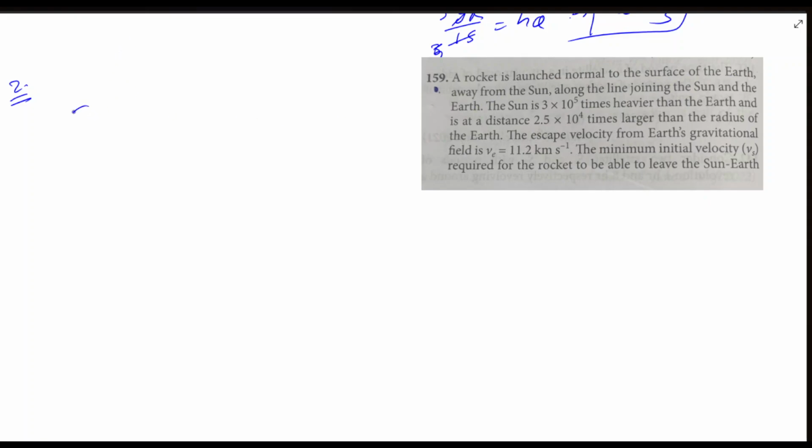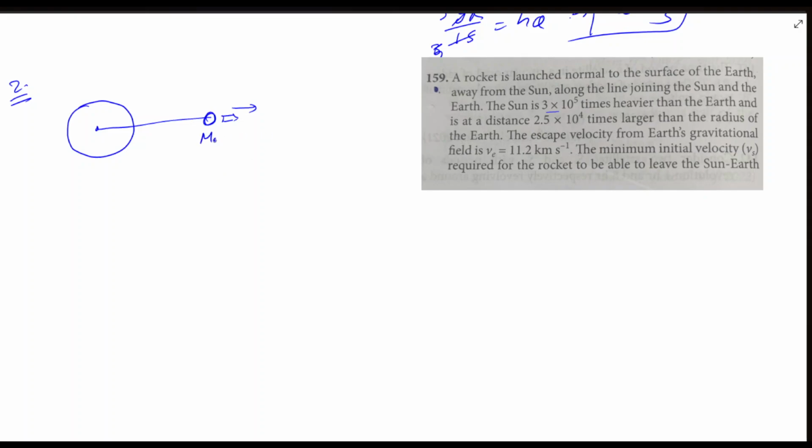Let's say this is our sun and this is our Earth, and a rocket is launched like this, away from the sun, along the line joining the sun and Earth. Now the sun is 3 into 10 to the power 5 times heavier than the Earth.